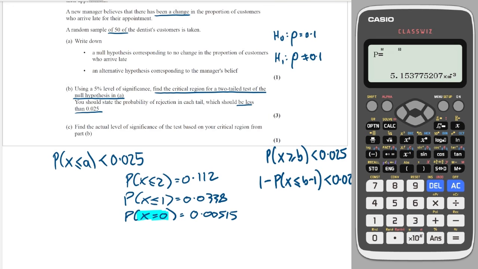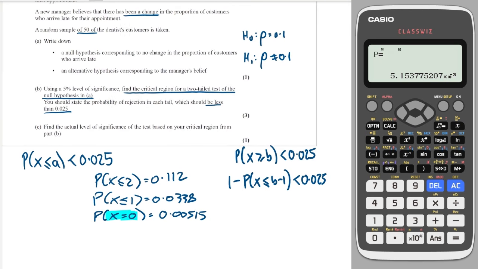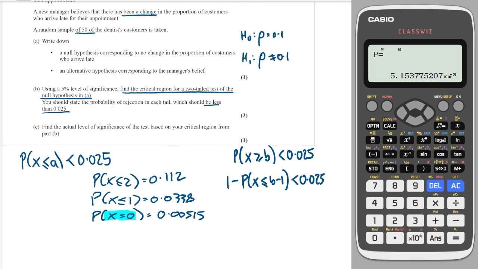Okay, let me just move that over. Yeah, and then we can rearrange this, and we would end up with this on this side, and this is 0.975 on that side. So we've just got to find the first value which gives me a probability of greater than 0.975.